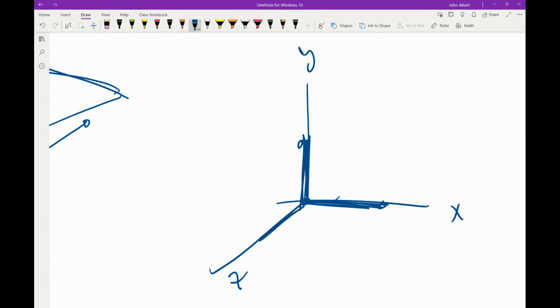And the last one is how much I need to move from the origin in the z direction to hit that point. And basically those 3 projections, if you combine them all together, you'll get the point that you need to describe.